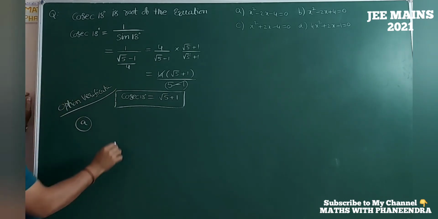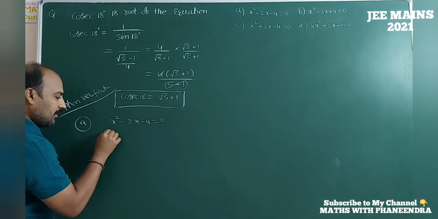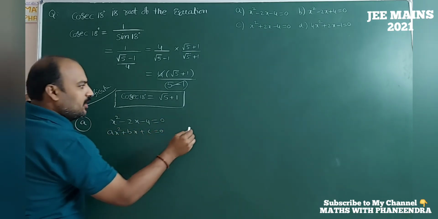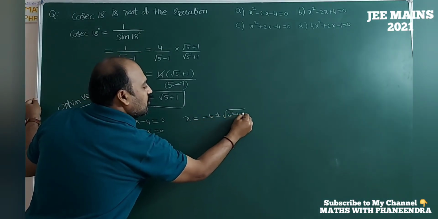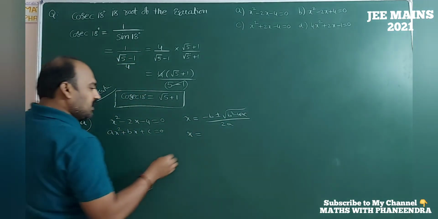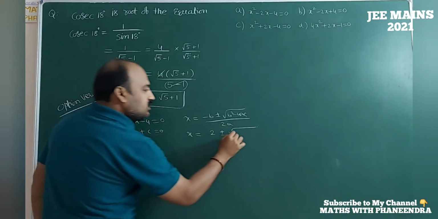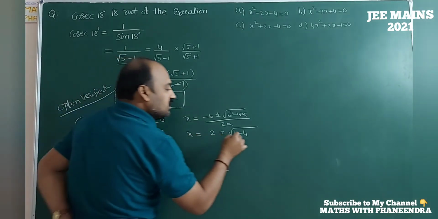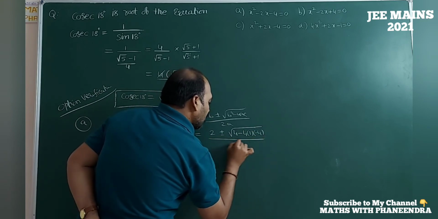First option I am taking: x square minus 2x minus 4 equal to 0. Compared with ax square plus bx plus c, we know that the roots x is equal to minus b plus or minus root of b square minus 4ac by 2a. So minus b means minus of minus 2, plus or minus root of b square, 2 square is 4, minus 4 into a value 1, c value minus 4, so 1 into minus 4, by 2a, 2 into 1.